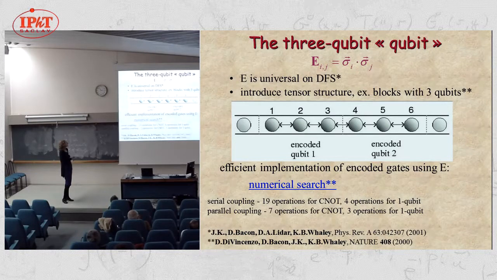You could also parallelize a couple of them and not only use nearest neighbor interactions, and then you get it down to fewer operations. You need 4 operations for 1 qubit, or 3 for 1 qubit if you're parallelizing it. The whole point is that with this exchange interaction, you are able to compute inside this decoherence-free subspace in a way that does not take the information out of this subspace.